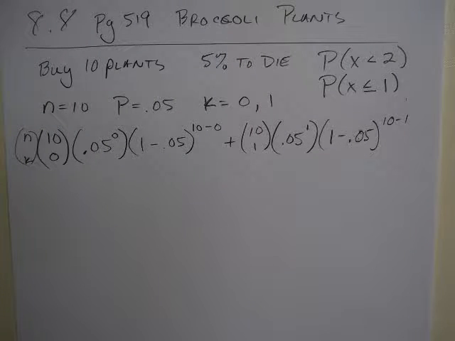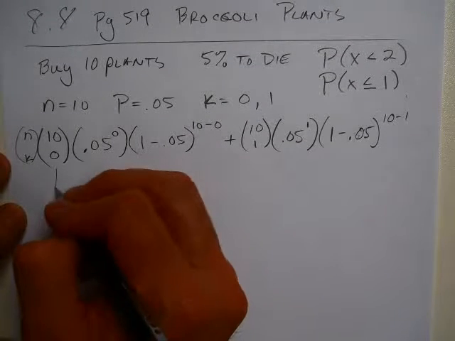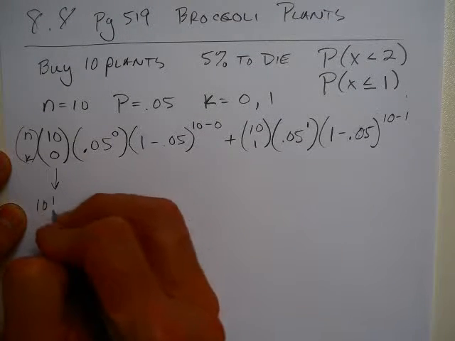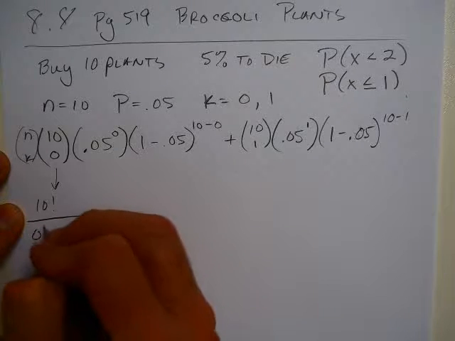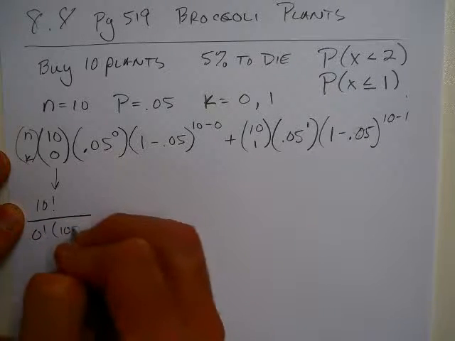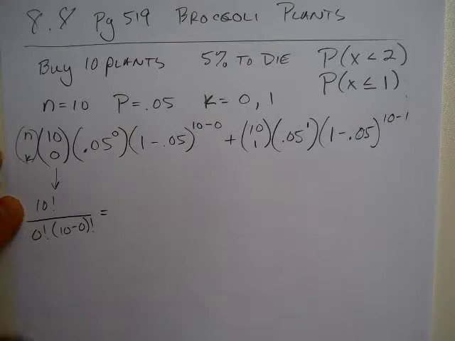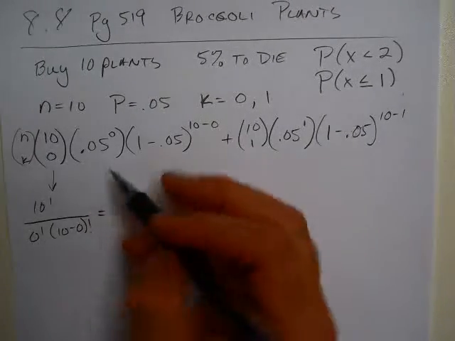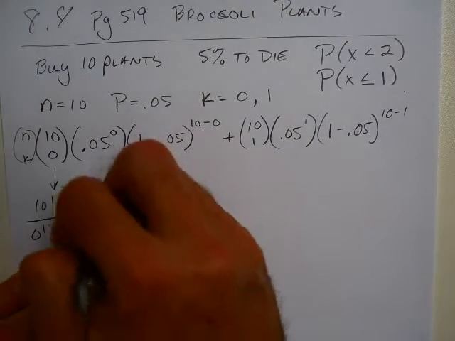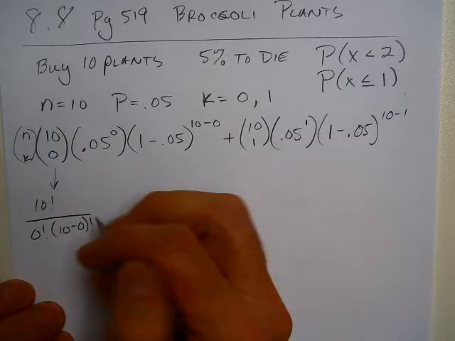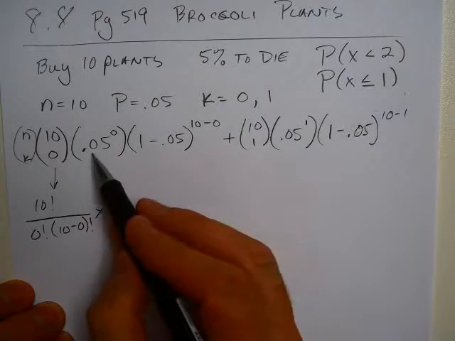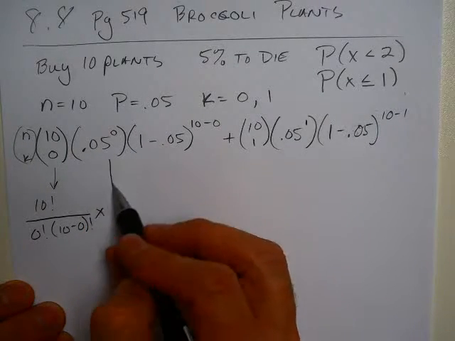So this is going to be 10 factorial over 0 factorial times 10 minus 0 factorial. Any number to the 0 power is 1.